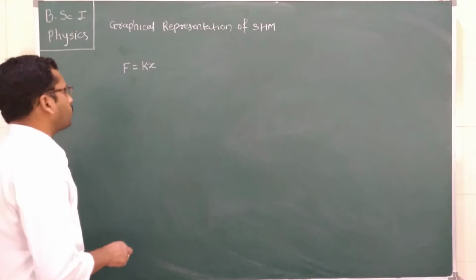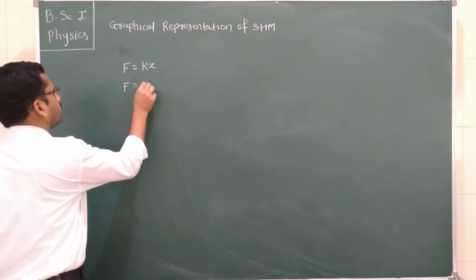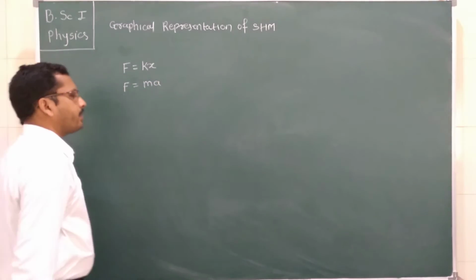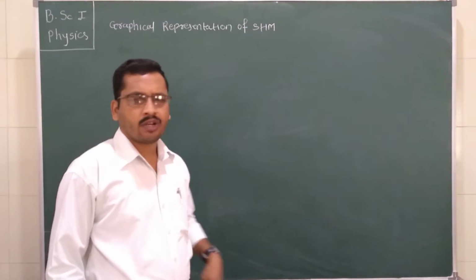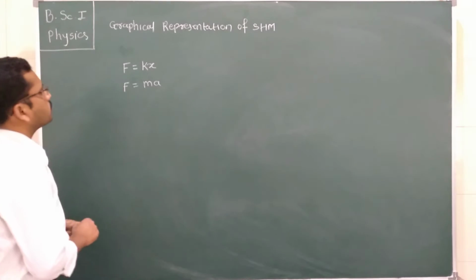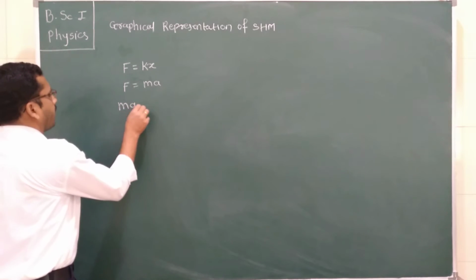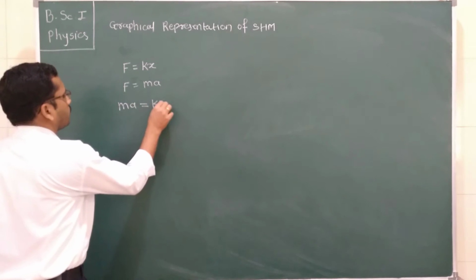This F is equal to Kx, and we also know that F is equal to mass multiplied by acceleration, according to Newton's second law. If we equate these two equations, we write ma is equal to Kx.